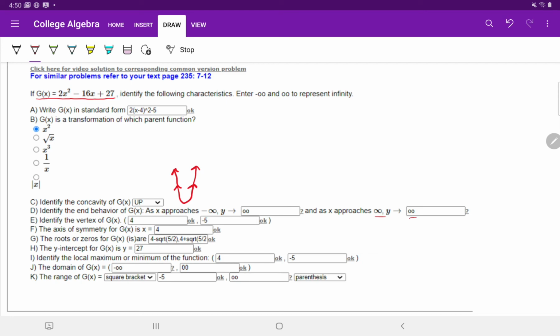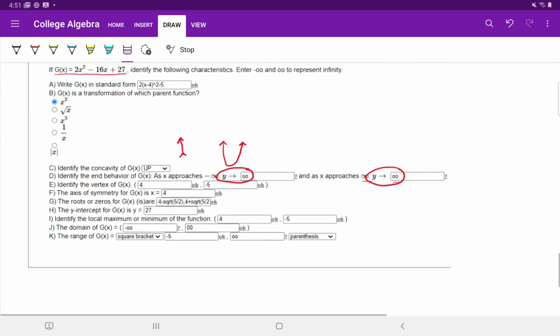Basically, in a concave up parabola, y is always approaching positive infinity. Both sides, since it's concave up, are going to be going up to infinity forever. So another easy problem for us to answer. The rest of these problems will be easier to answer once we get this into standard form. So we're going to go ahead and do standard form, and then we'll answer E through K.